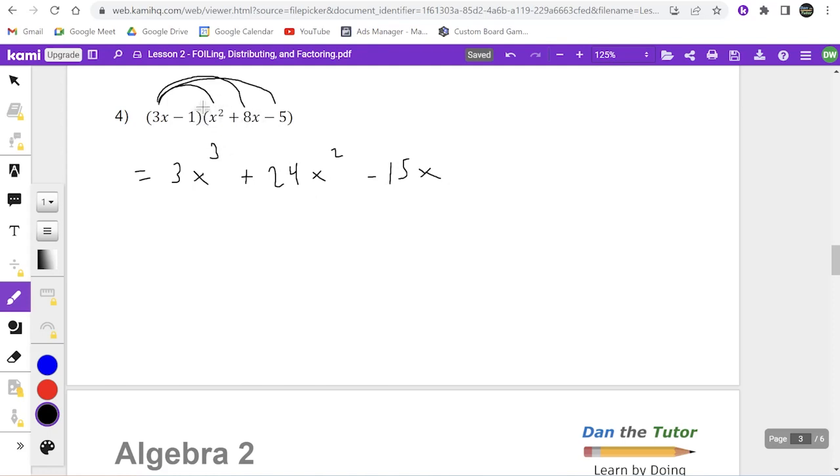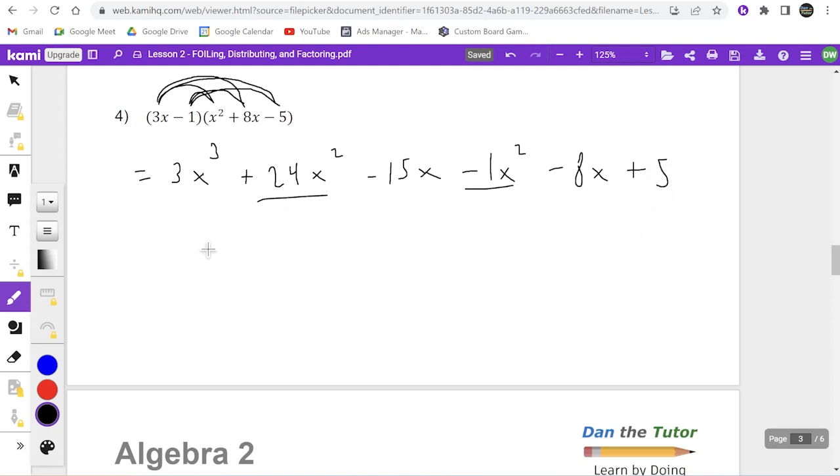Now we're going to do the same thing with the negative 1. So negative 1 times x squared, that's minus 1x squared. I'll write minus 1x squared only because I know I'm going to be combining this with that 24x squared in a second. And then negative 1 times 8x is minus 8x. And then negative 1 times negative 5, that's a double negative. It will be plus 5.